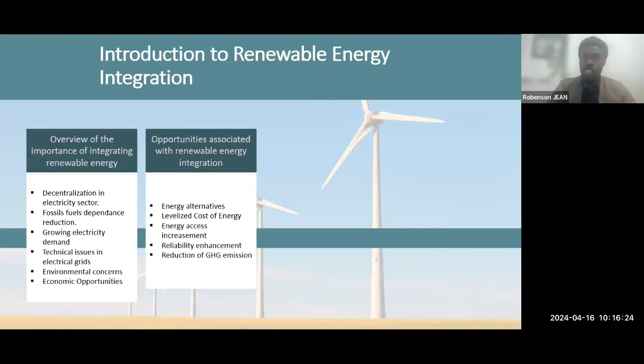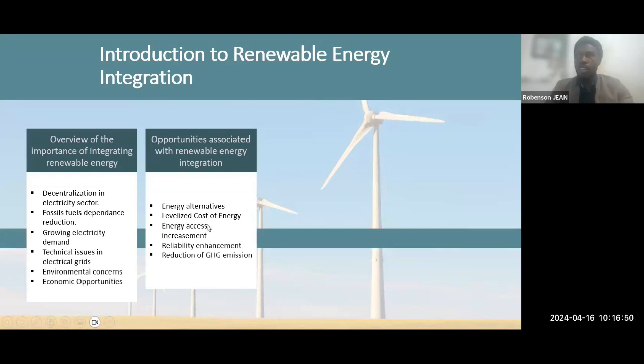So imagine that we are integrating renewable energy sources. With renewable energy sources, we can produce energy without spending money on fuels. So this will help us a lot in decreasing the overall cost of the energy that we're providing to users.